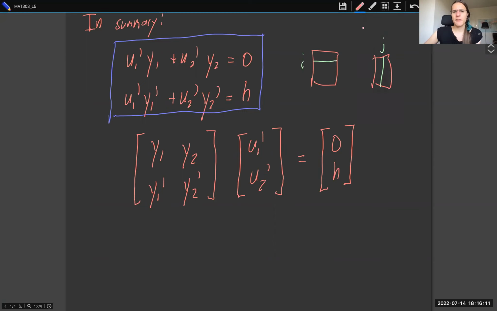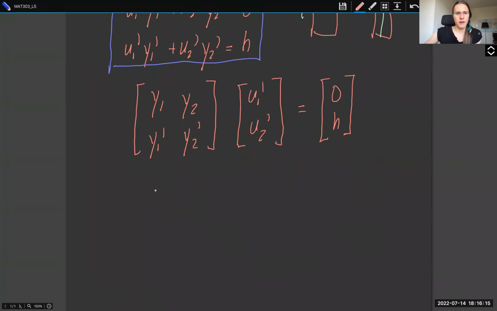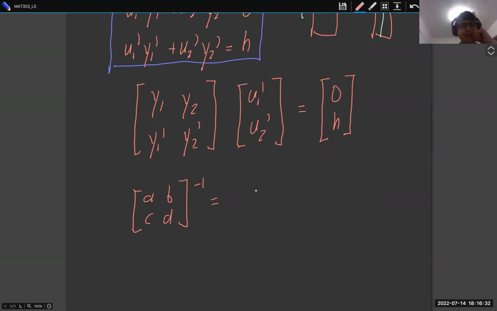Now, there is a fun fact about inverting 2x2 matrices. 2x2 matrices are very easy to invert. So if you have a matrix A, B, C, D, does anyone know the trick for inverting a 2x2 matrix? Is it like D, minus B on the first row?